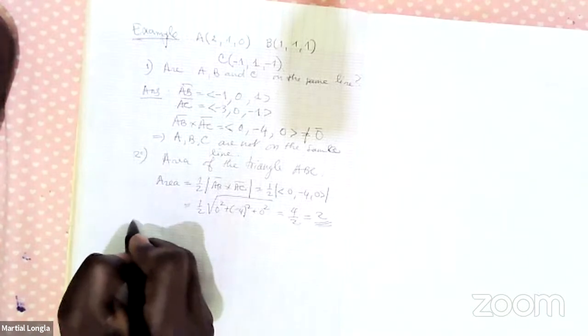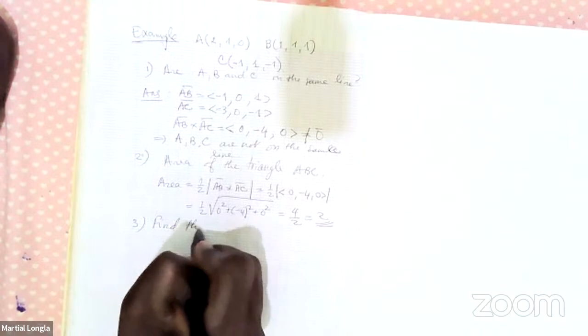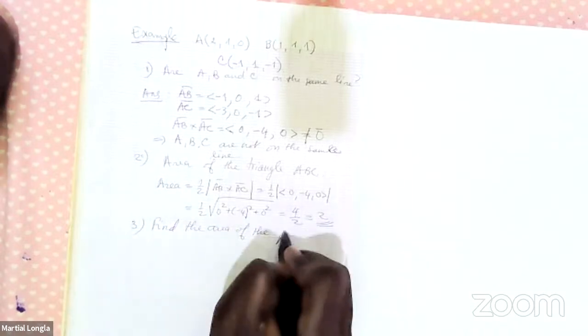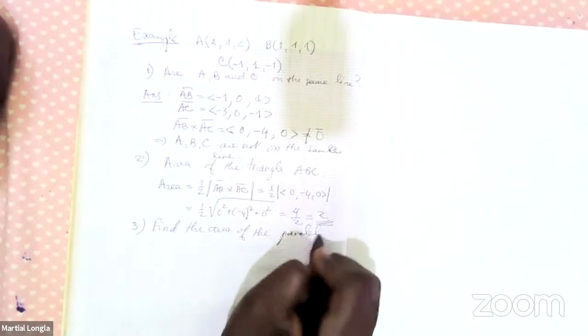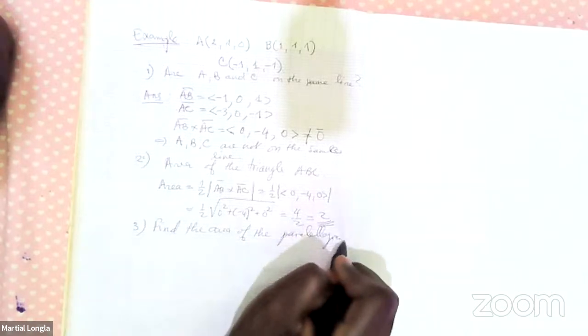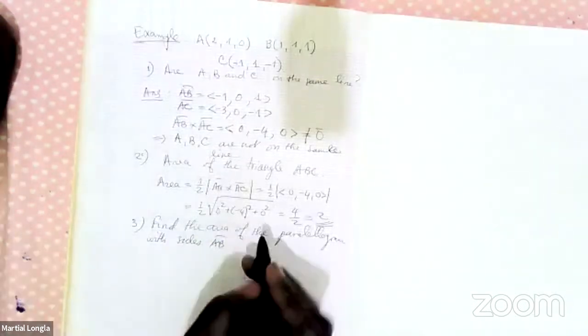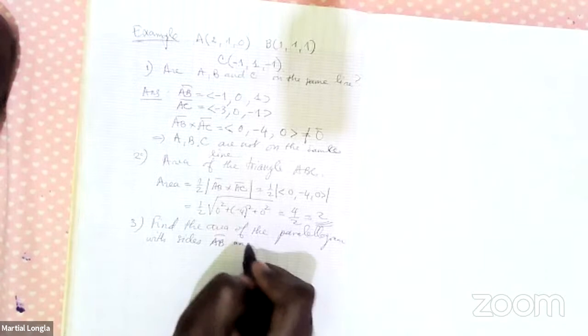Now we could ask another question, 3. Find the area of the parallelogram with sides AB and AC.